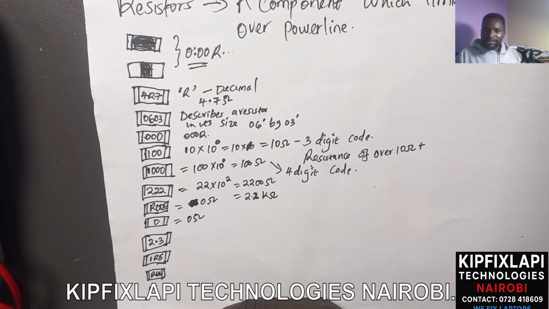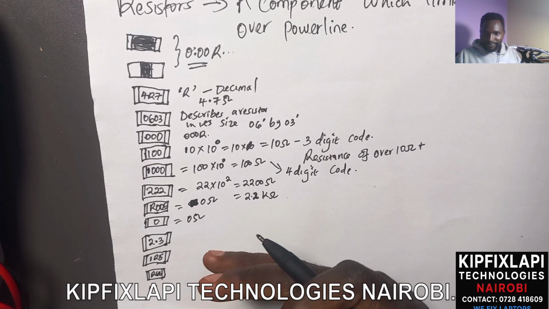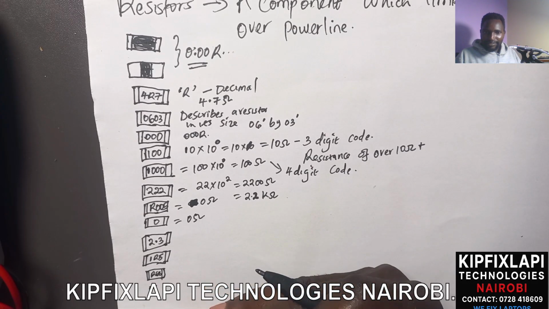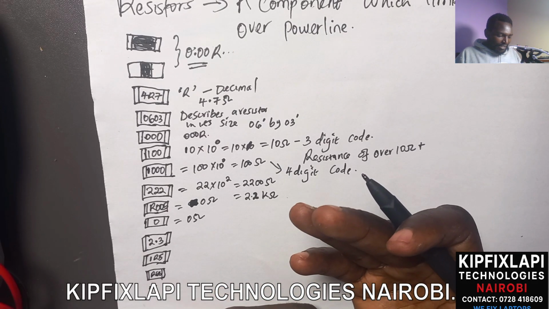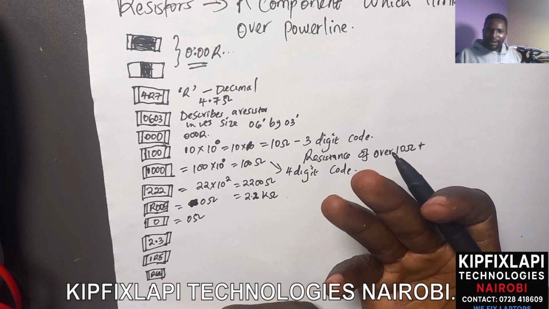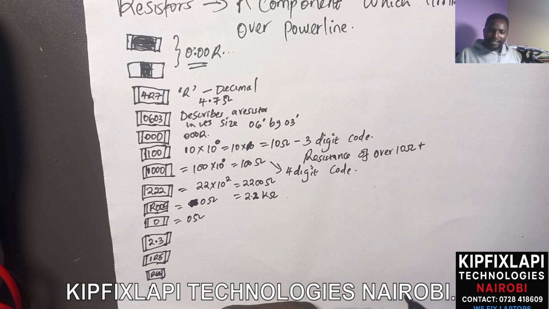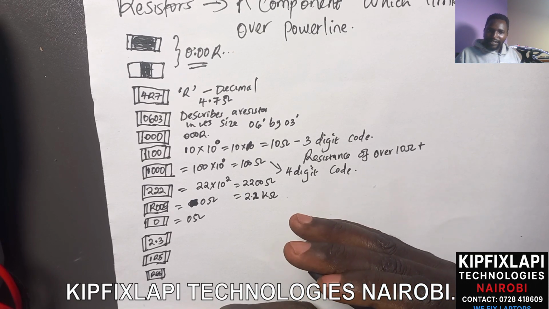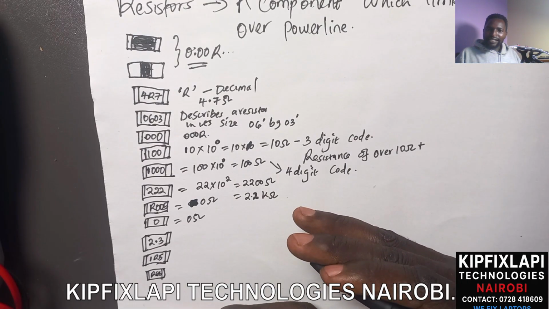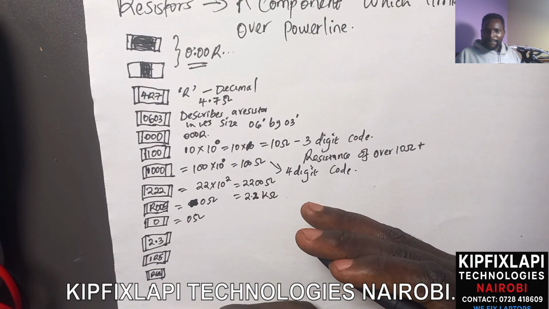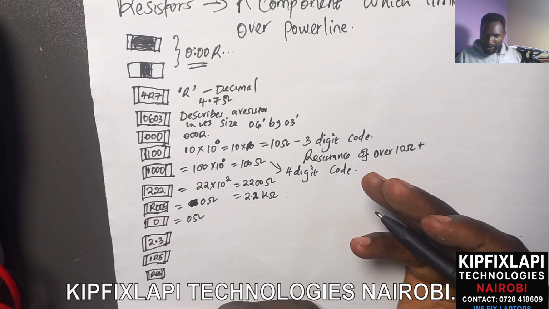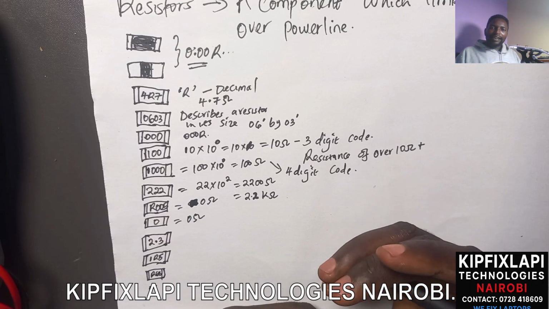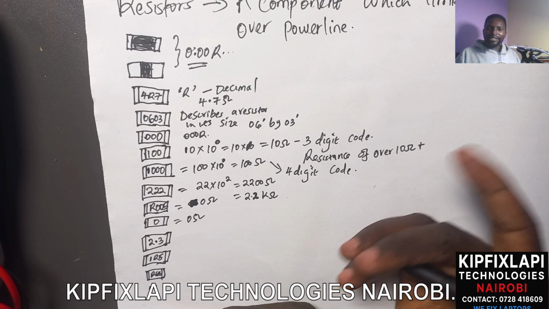Any resistance which is below 0.5, that is 0.1 or 0.4, is treated as a 0 ohms resistance. However, if it is above 0.5, maybe 0.7 ohms or 0.8 ohms, you can round it off to 1.